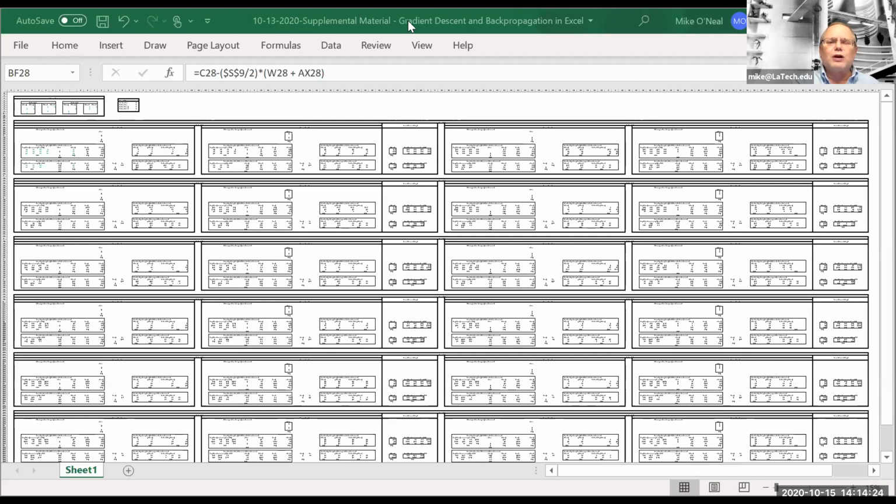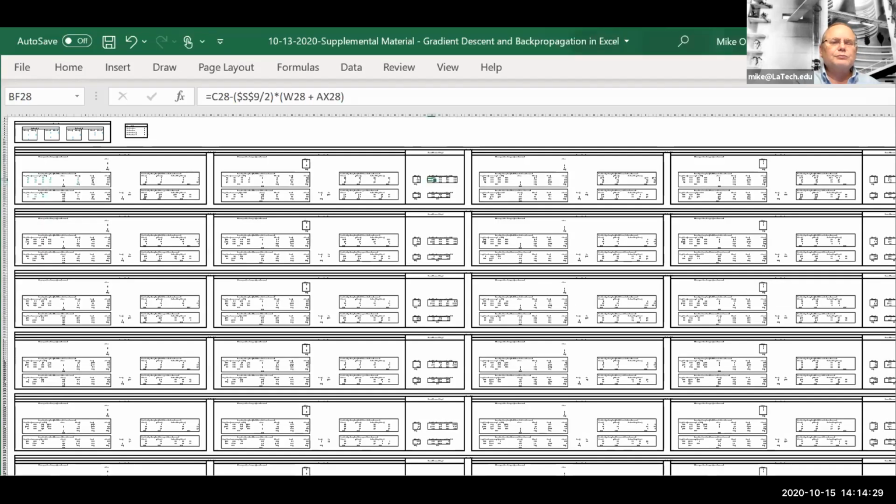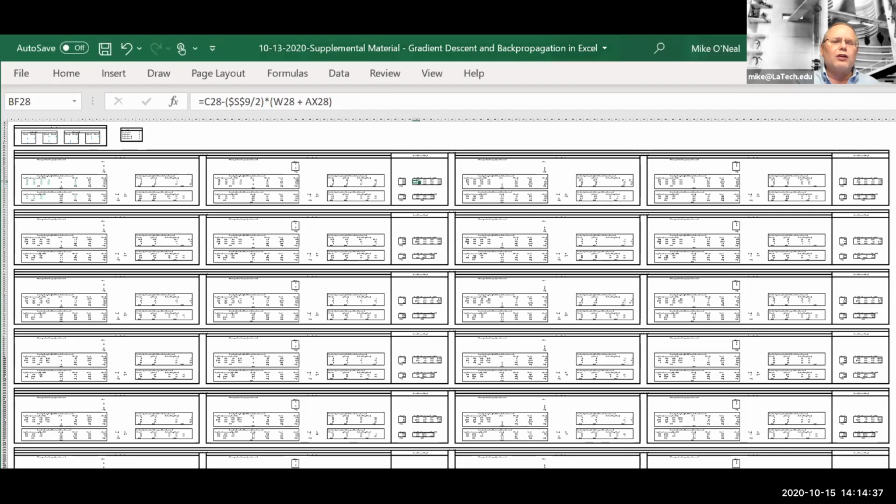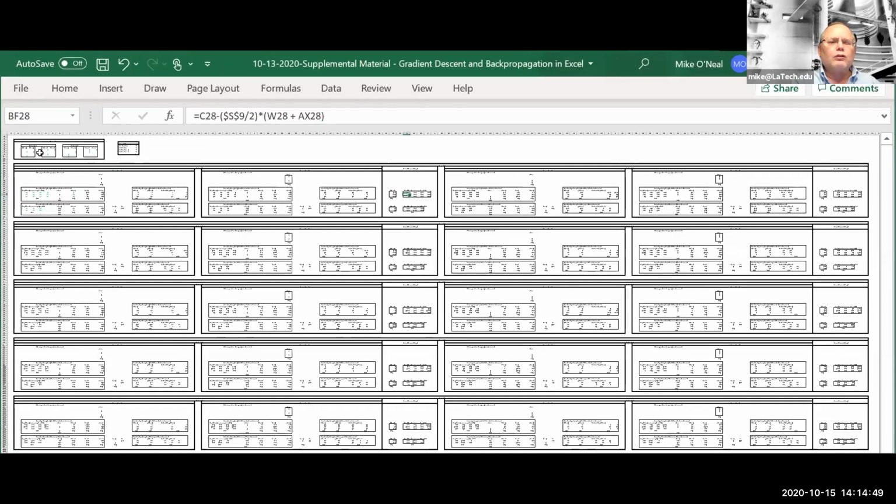Now I've got it zoomed way out to begin with. Of course, you can't see the numbers, but I wanted you to get a feel for the overall shape of this thing before I launch into what the various equations are. The first thing is, over here in the upper left-hand corner is where I have my inputs and my outputs.